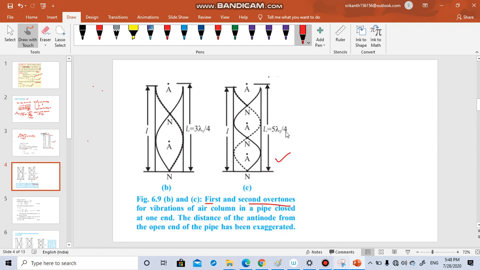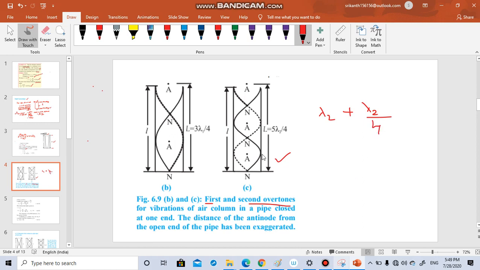So why is it 5 lambda 2 by 4? See, node to node it is lambda by 2. Again node to node it is lambda by 2. So lambda by 2, lambda by 2, how much? It is 1 lambda. Okay. Now 1 lambda plus, again node is there, antinode is there. So 1 lambda plus lambda by 4. So you are getting lambda 2, and then you are getting lambda 2 by 4.